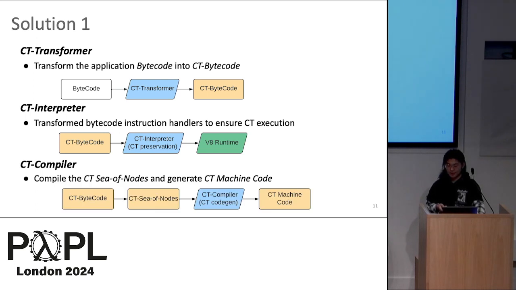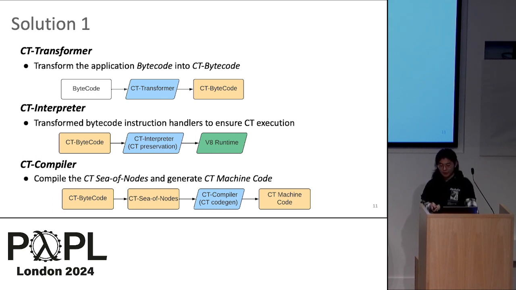We have a CT compiler to compile the CT CF nodes and generate constant time machine code. The CT CF node is directly translated from CT bytecode without changing the semantics, so it can preserve the CT property of CT bytecode. And since the bytecode we assume is public, the transformation itself is also constant time.